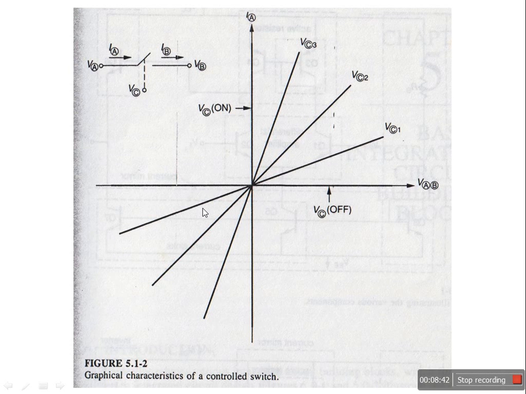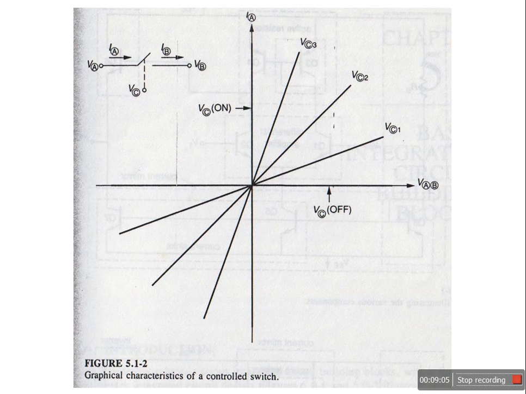This graph is between VAB, that is voltage across the switch, and current through the switch, that is IA, or you can say IB. See here, for the switch the current entering must be equal to the current going out of the switch.